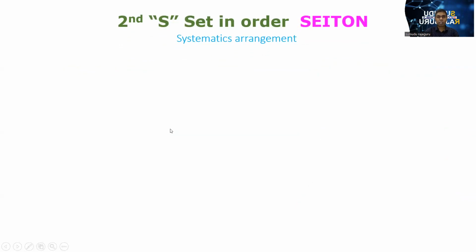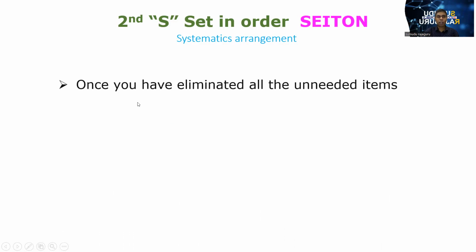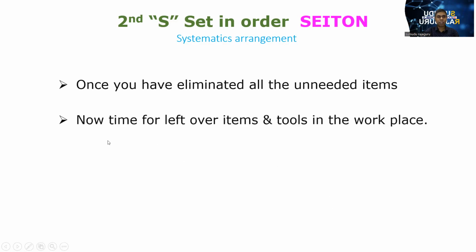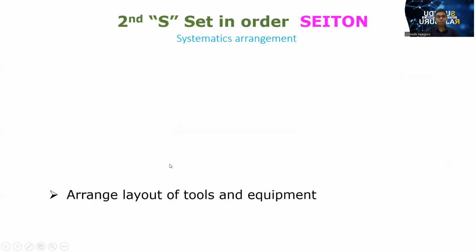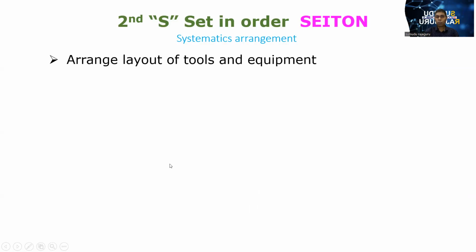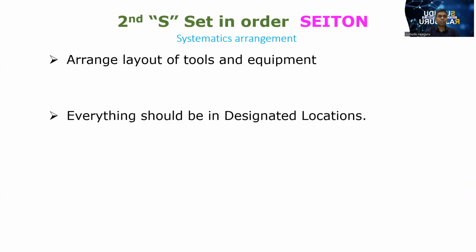When we discuss Seiton further, once you have eliminated all the unneeded items, now it is time for the leftover items and tools in the workplace. Then arrange the layout of tools and equipment.